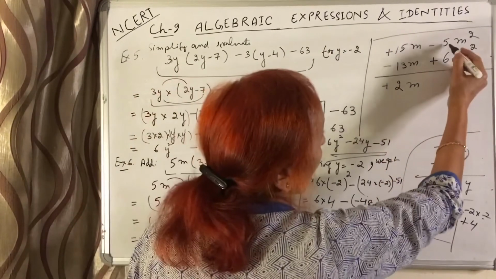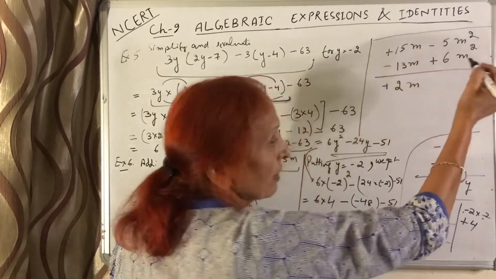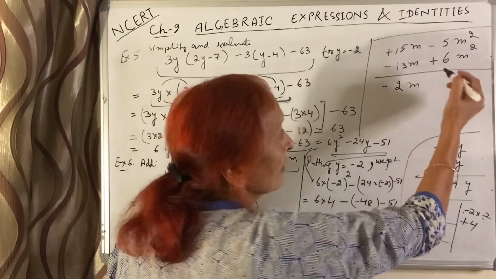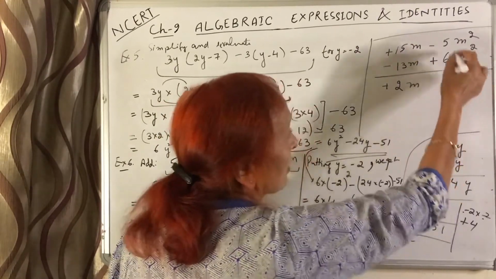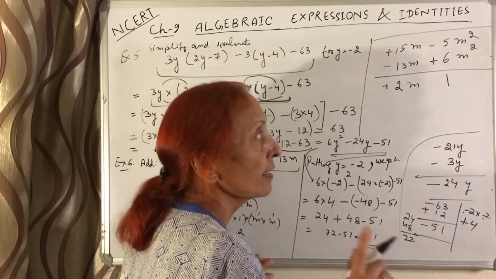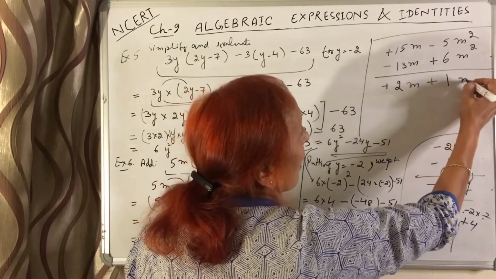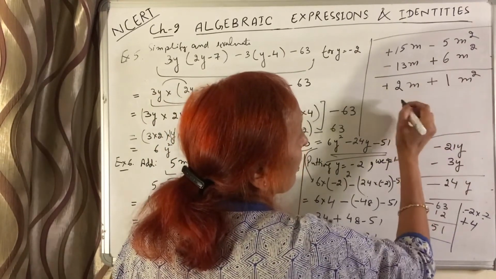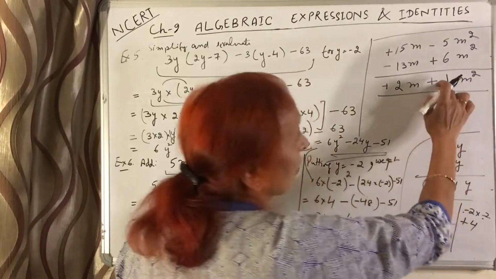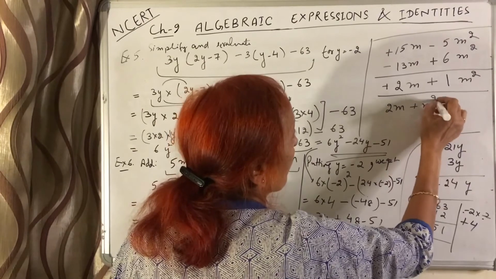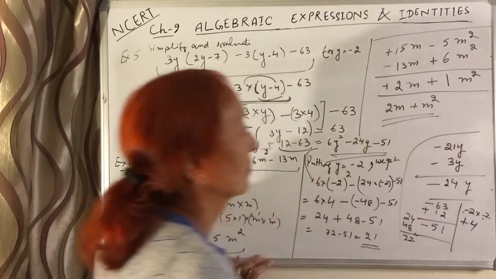Then minus and plus, different sign, we will subtract from the bigger number the smaller number, that is 6 minus 5 is 1, and the sign of the bigger number, that is plus, m square as it is. Okay. 1 generally we don't write, so I can write this as plus m square is the answer.